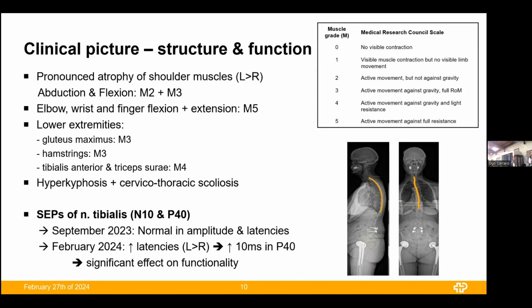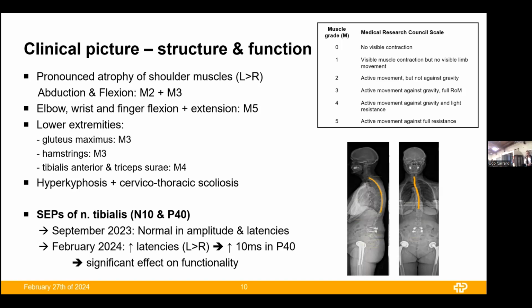The muscles around the shoulders and around the hip, so gluteus or the shoulder deltoid muscle, the biceps, those are rather weak. And the further we move distally on the lower arms or around the shanks, they are normal strength again. Structurally we see a hyperkyphosis on the thoracic spine and a cervicothoracic scoliosis.